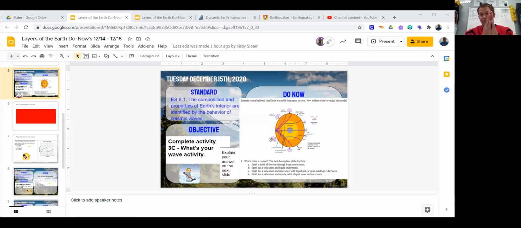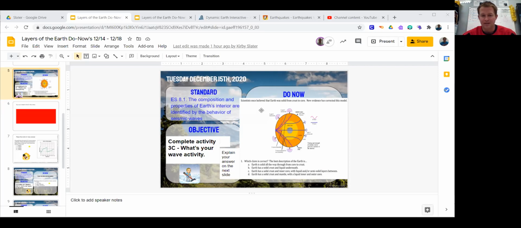If they are hitting a liquid, they're going to refract. When we're talking about P waves, they go, and if it's an S wave, when it hits a liquid, it dissipates, meaning it gets absorbed into that liquid and it'll go in all directions. And you won't get a reading on the other side of the Earth.